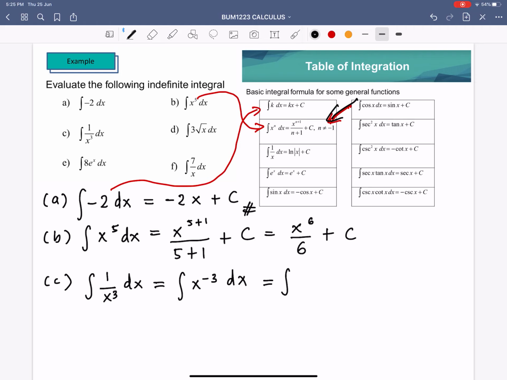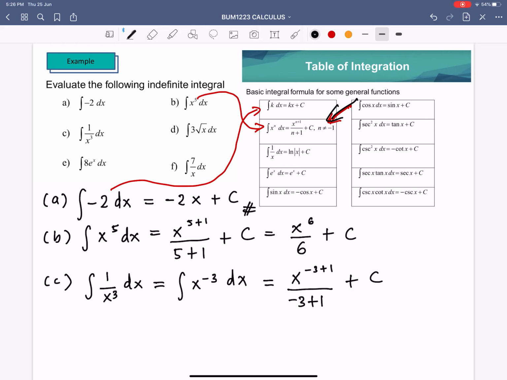So integration x power of n equals x power of negative 3 plus 1, where our n is negative 3, so n plus 1 is negative 3 plus 1, over negative 3 plus 1, plus c. Don't forget to put plus c, if not then your final answer will be wrong, because we need that constant.